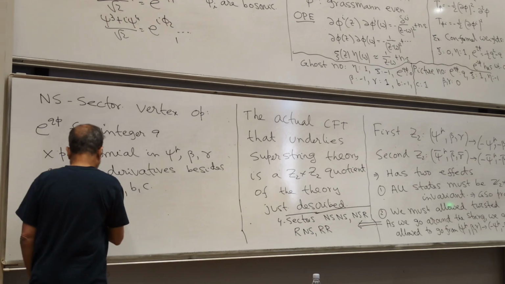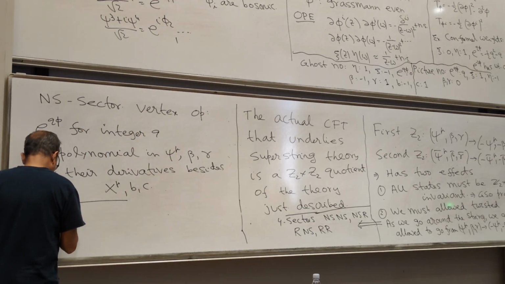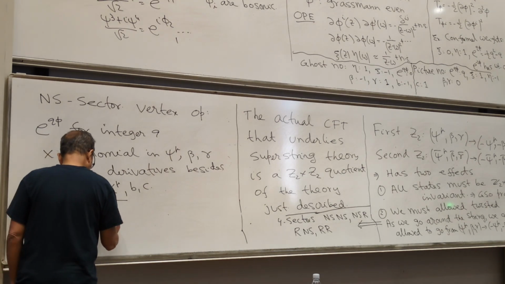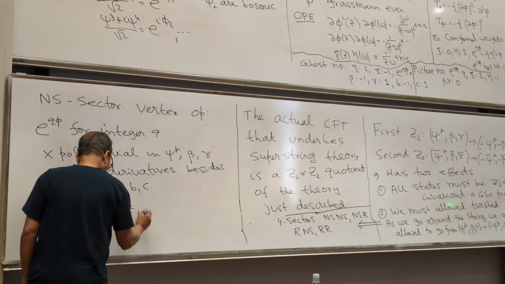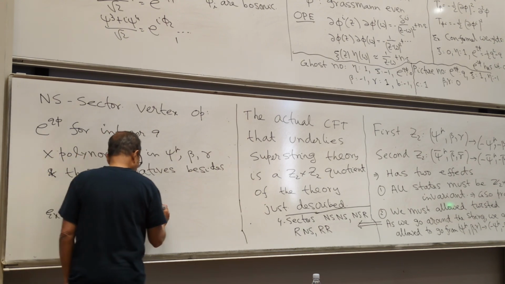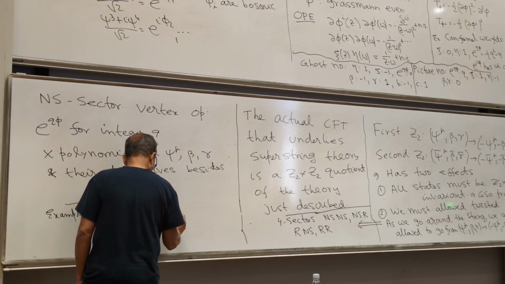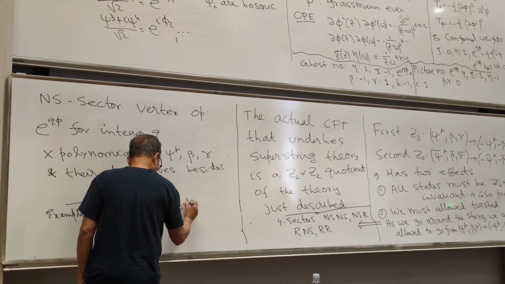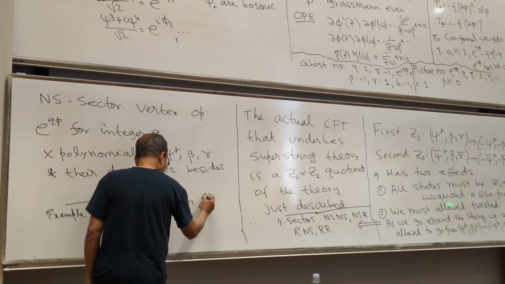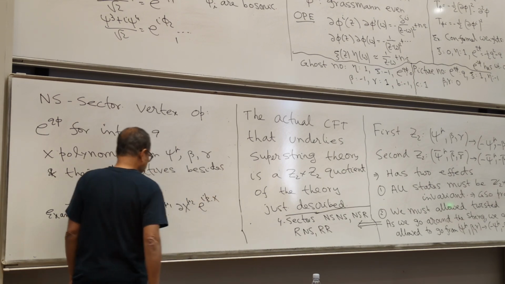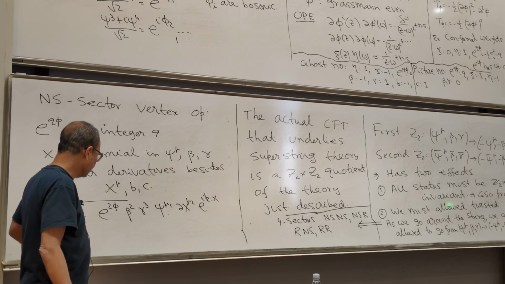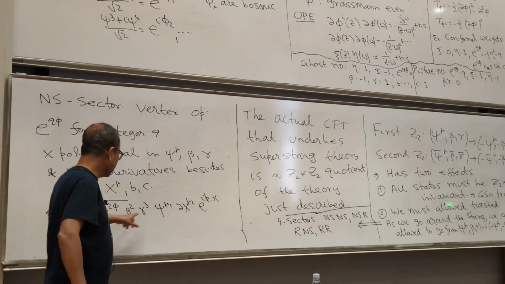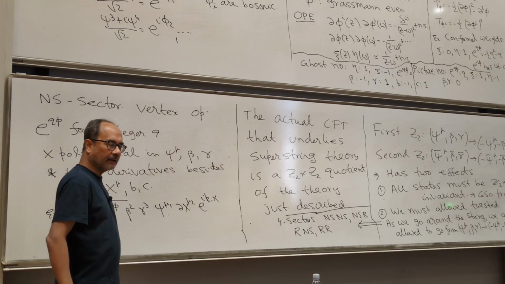Maybe I can write some examples. This is an example of an NS sector vertex operator: e to the 2 phi, q is an integer, beta square gamma cube, and all this.